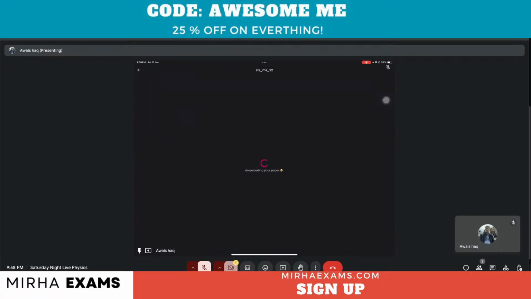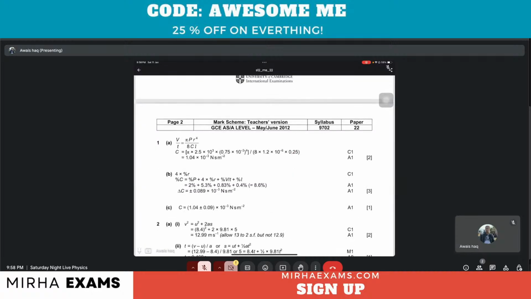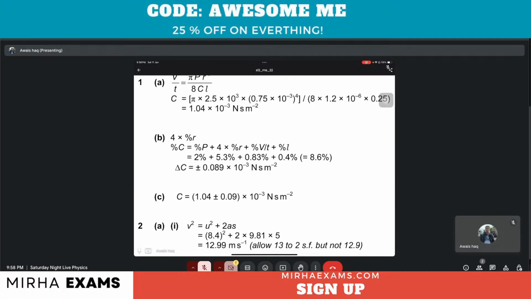Right. And voila. So as you can see, they have given the same thing, but we have given it as 104 and 9. So that is also fine with the 10 raised to power minus 5. But even if you give it for 10 raised to minus 3, that is all good.